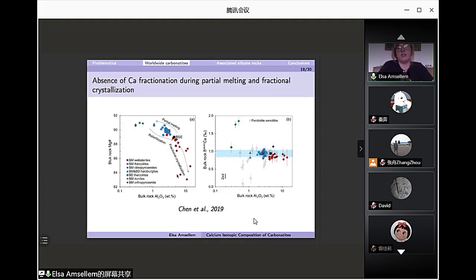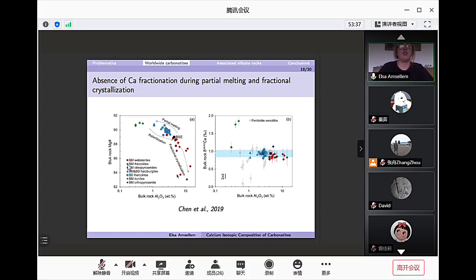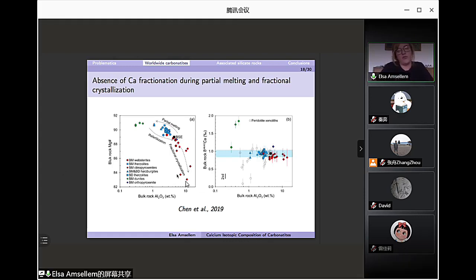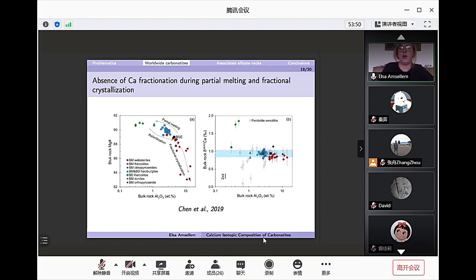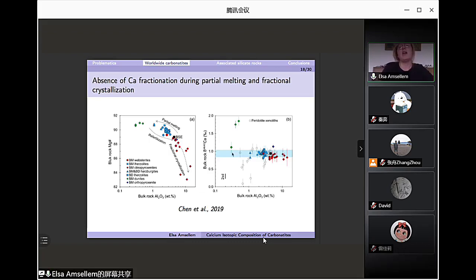Overall, like the study of Zhang et al. 2018, there's one study from Chen in 2019 that showed that it's very difficult to fractionate calcium isotopes during partial melting and fractional crystallization. They show for a lot of different rocks, reflecting either fractional crystallization or partial melting, that they don't reflect calcium isotopic fractionation during these processes.